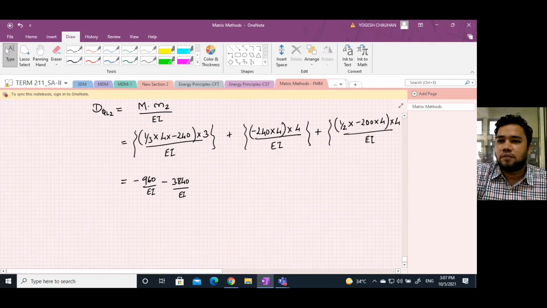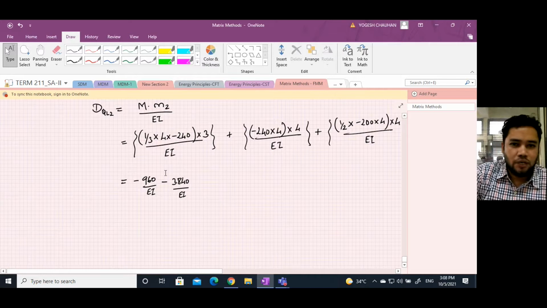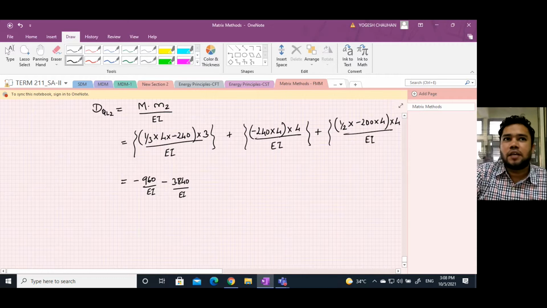If it is the same EI, then you take it as EI. So you have to take care of it. And the sign: if the bending moment diagram is negative, take the negative value of bending moment, and if the ordinate value is negative, then take the negative value. So sign is important, and the values of EI, because any mistake here will change your answer.